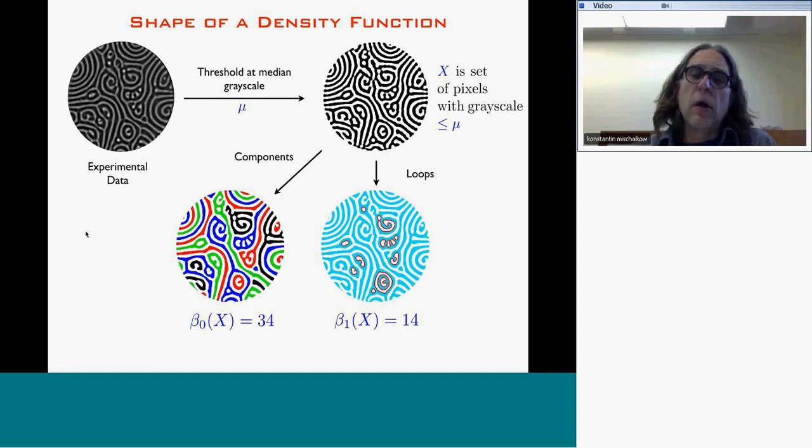So what I'm saying is that if you give me an experimental data image, then I'm going to associate to it 4 non-negative integers: beta 0 of black, beta 0 of white, beta 1 of black, beta 1 of white. And we have 1,000 of those 4-vectors.